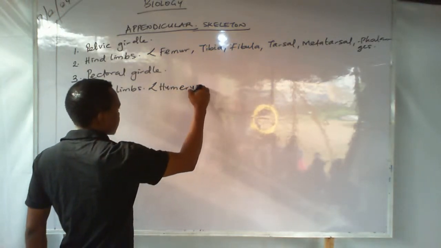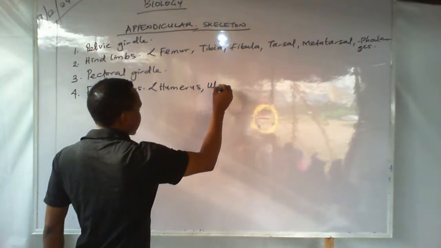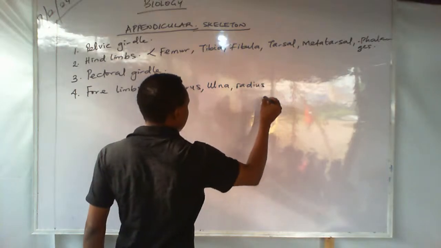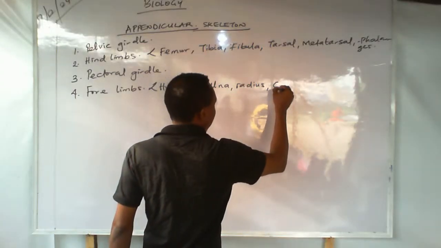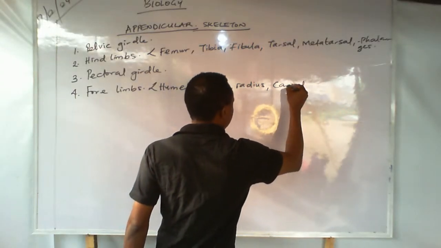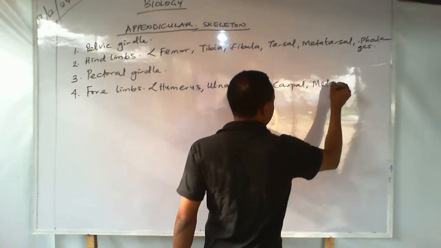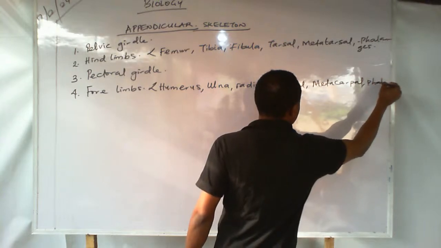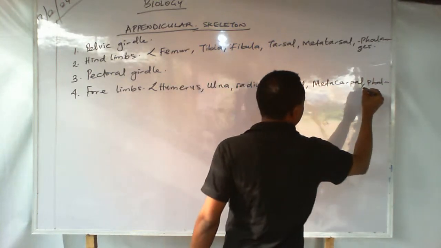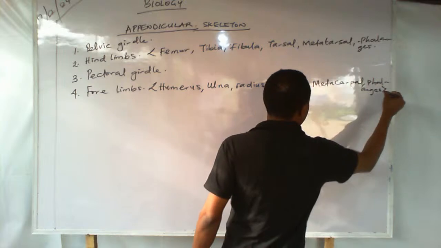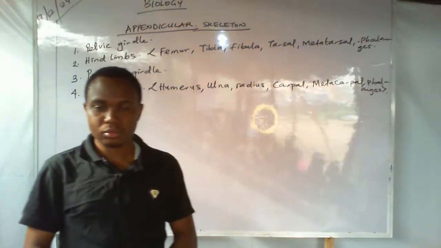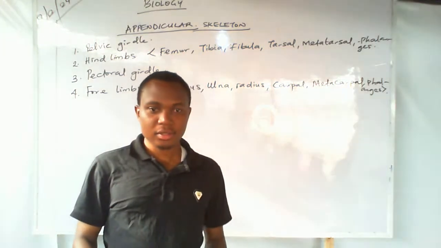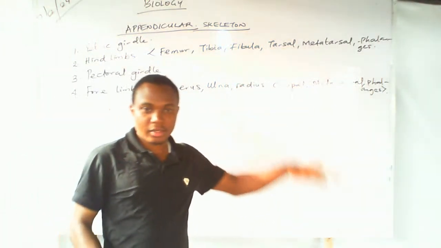Likewise, we have the ulna, then radius. Then we have the carpals, the metacarpals. Then finally the tarsals.